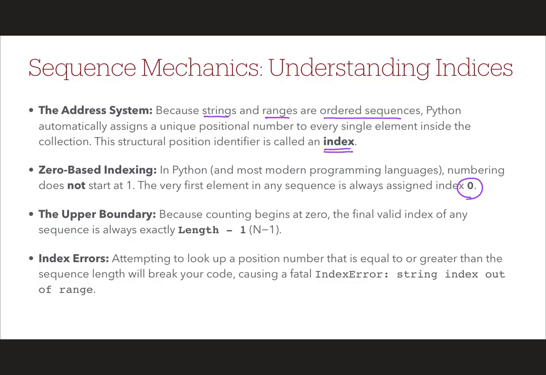So if the sequence contains 5 items, then the first item has an index value 0, the second item has index value 1, the third item has index 2, and the fifth item has index value 4. So if there are n items in this sequence, then the last item has an index value of the length minus 1.